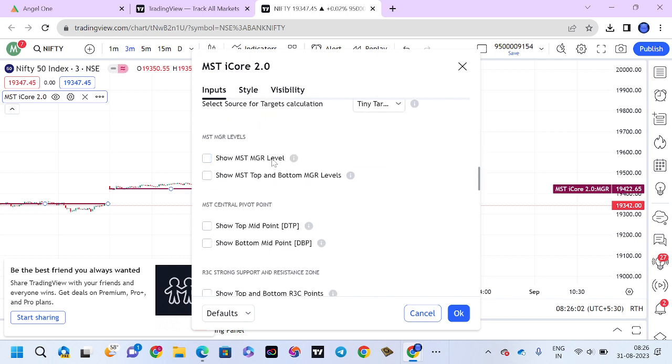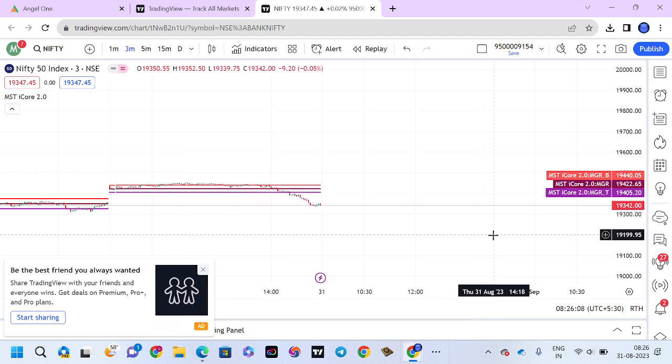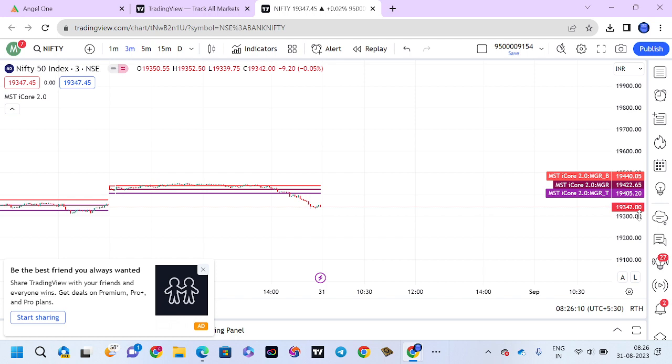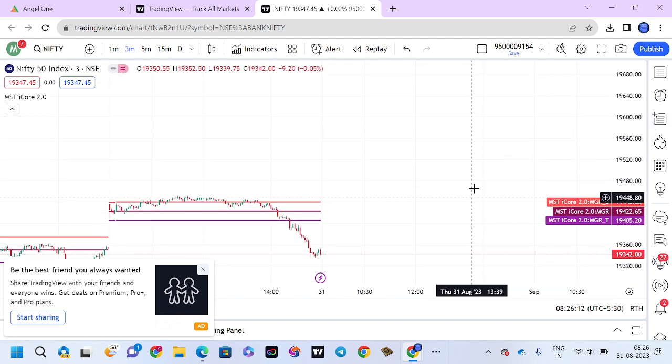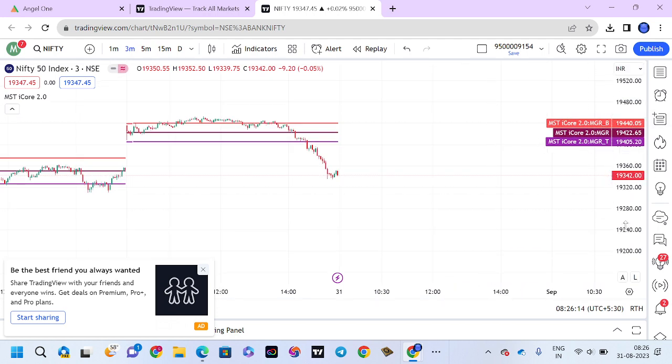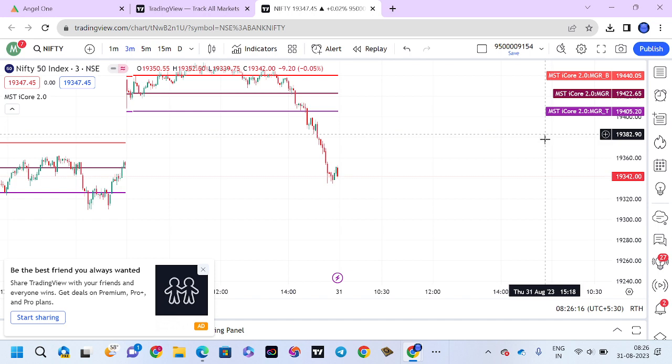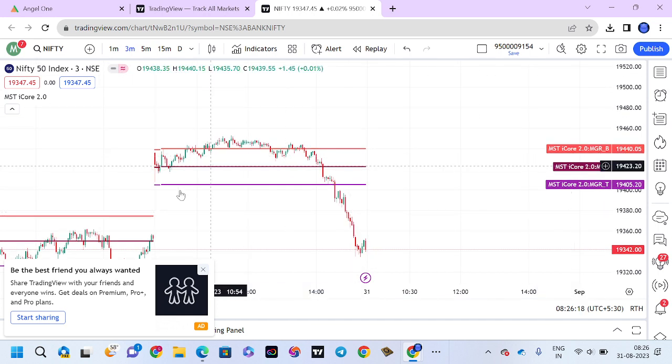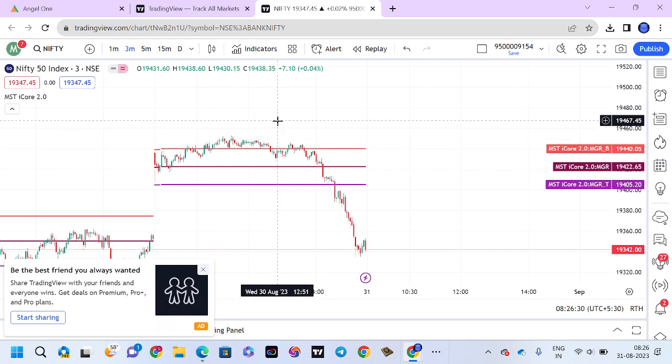And another level, this bottom and top level. What is this bottom and top level? It looks like CPR. When you have a perfect breakout above the CPR level, you can go for buy.